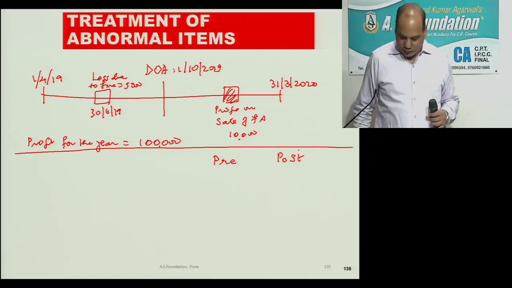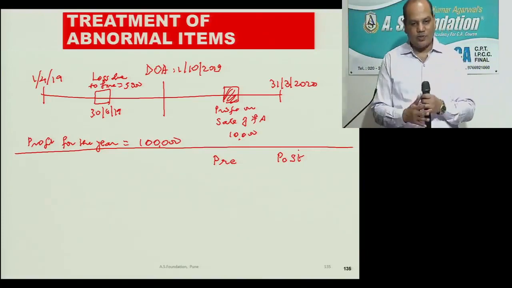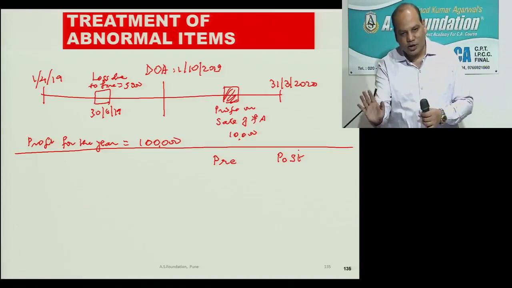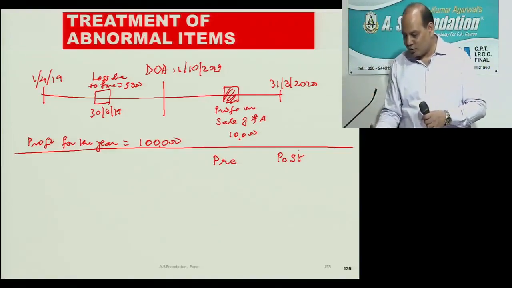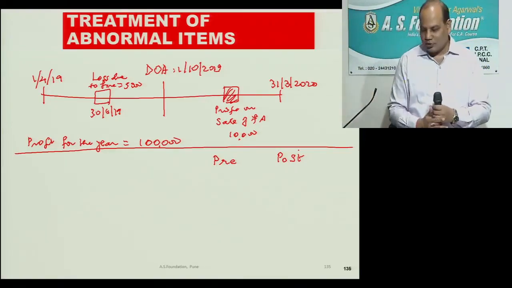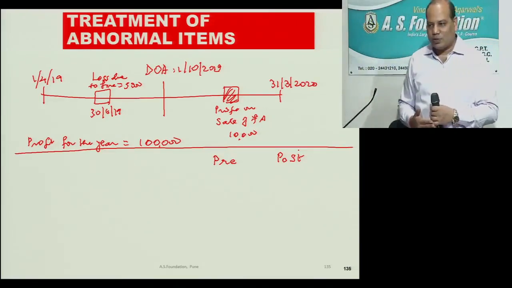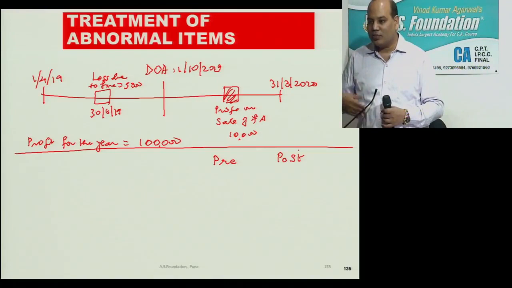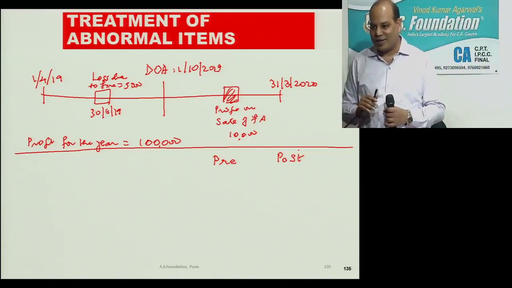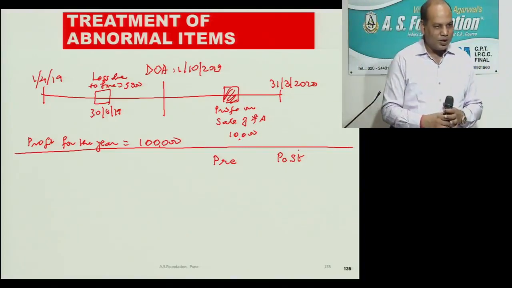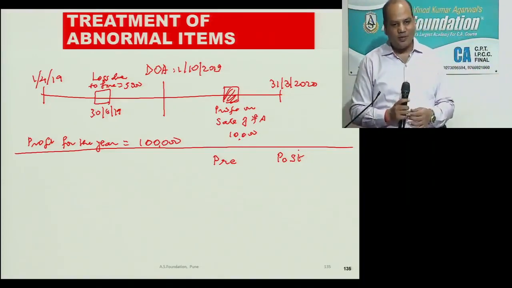My profit for the year after both the adjustments, that means a final figure which contains the loss due to fire and also the profit on sale of fixed asset. After these two adjustments, my profit is 1 lakh. So my question to this batch of highly talented students is, how much will you write in pre-column? How much will you write in post-column?